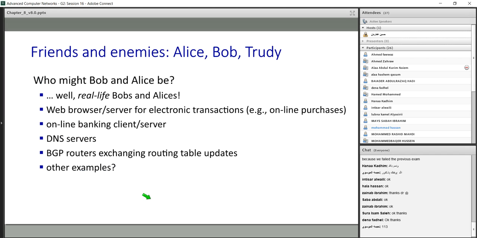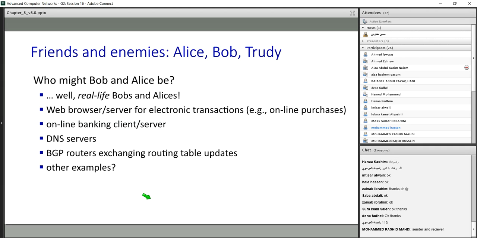They should create a secure channel between themselves, and then send and receive their messages over this secure channel. Everything should be sent over this secure channel. And at that time, Trudy cannot understand what they say.